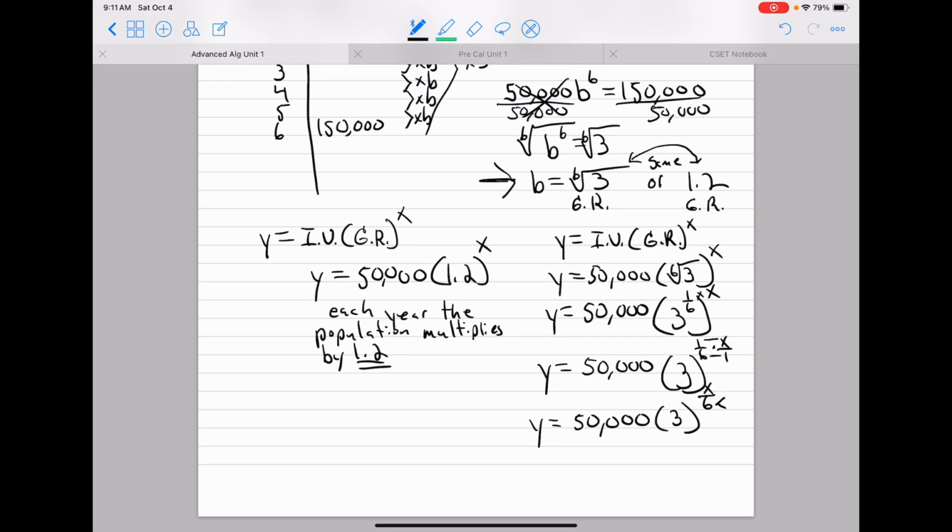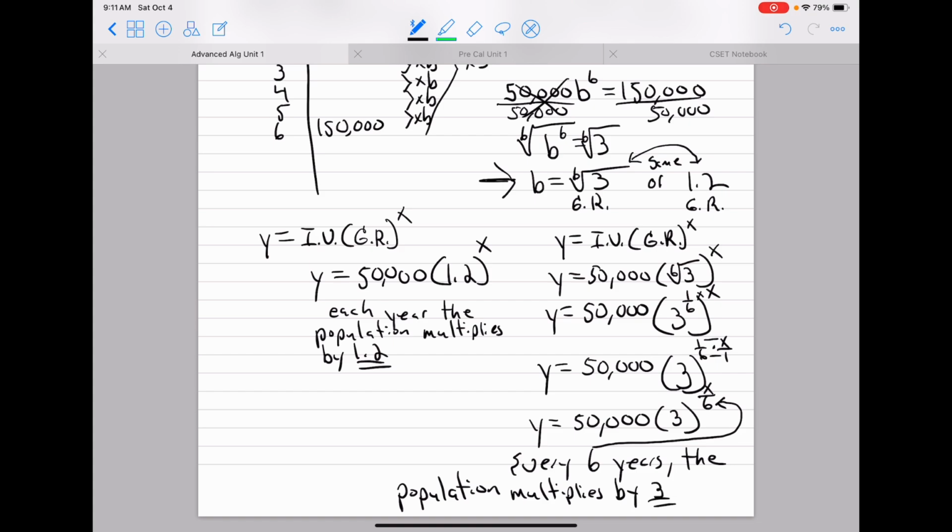And now this one tells me that every 6 years, the population multiplies by 3. The growth rate is 3. All right, two different equations. There's one, there's the second one. Two different ways of telling me the same thing.